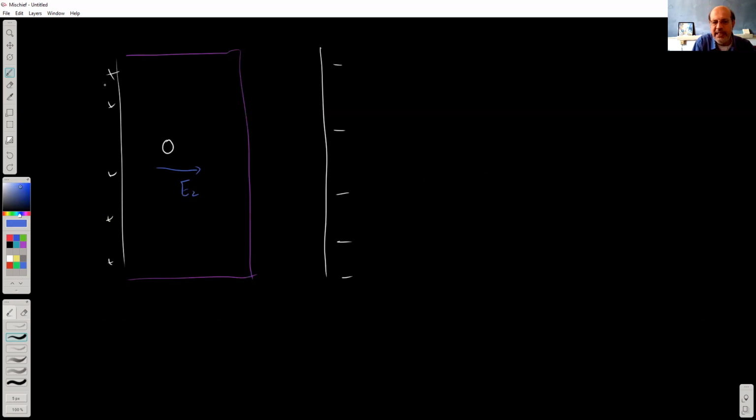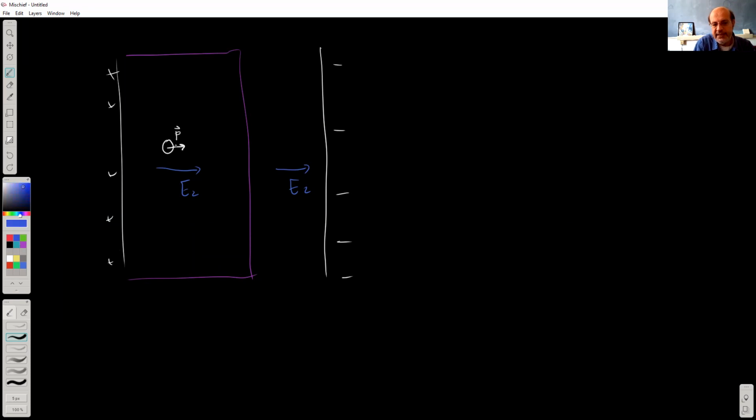So first, all of these charges produce an electric field in here. Let me call this electric field E2. It's the same electric field that would be produced in here, okay? So please don't get confused by this. That electric field somehow polarizes this dipole in here, this molecule in here. So this molecule develops a dipole moment.